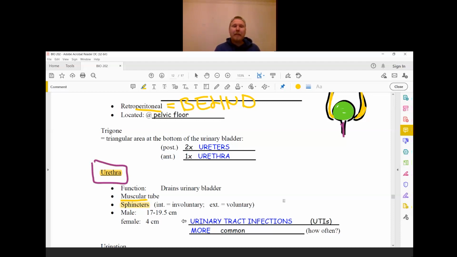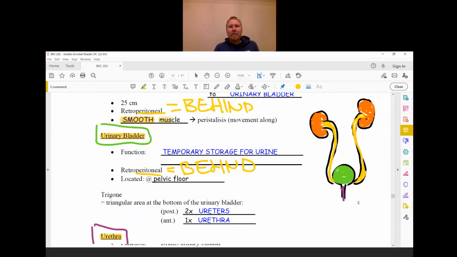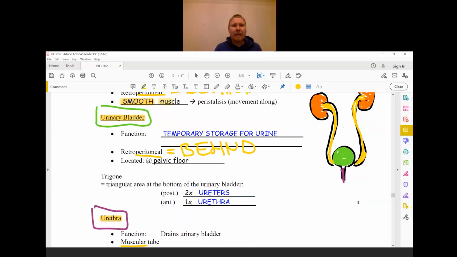But we'll notice the male urethra is much longer than the female's, which means that females, with the short urethra, are more likely to have bacteria travel up to the urinary bladder and cause urinary tract infections.